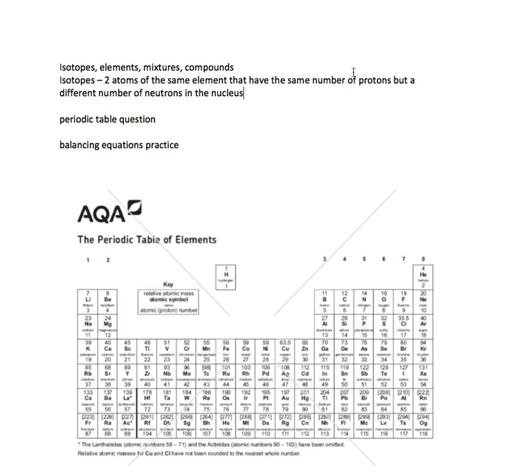Because they have the same number of protons, they have the same electronic structure, and so they have the same chemical properties. But they're not the same relative atomic mass because they have a different number of neutrons in the nucleus. Okay? So my first point for this video is what isotopes are.